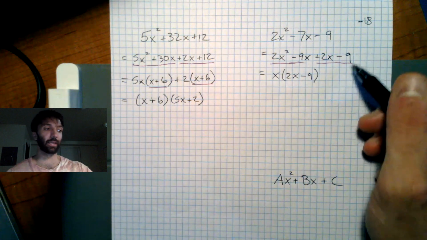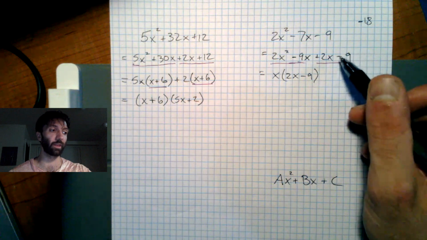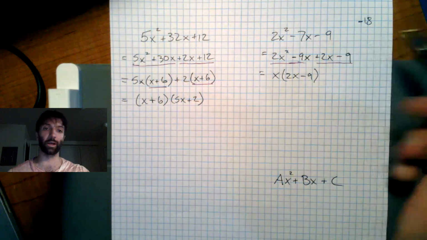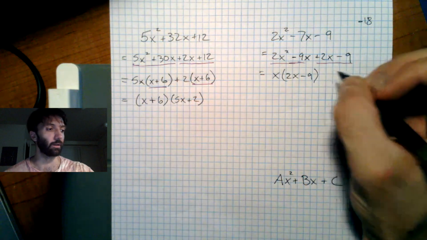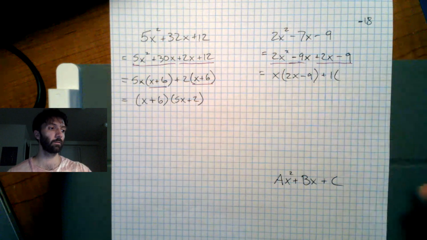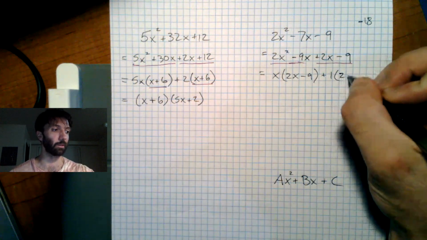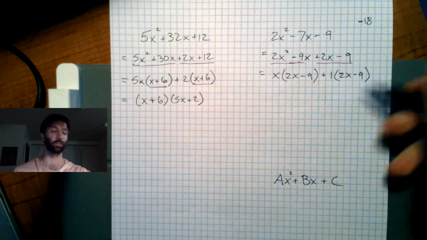And now for my second group, the GCF is just 1. 1 is the only thing that will go into 2x and -9 evenly. And so I'm just going to factor out a 1 here. And then 1 times 2x will give me the 2x. And then 1 times -9 will give me the -9. So that ends up just being the same.